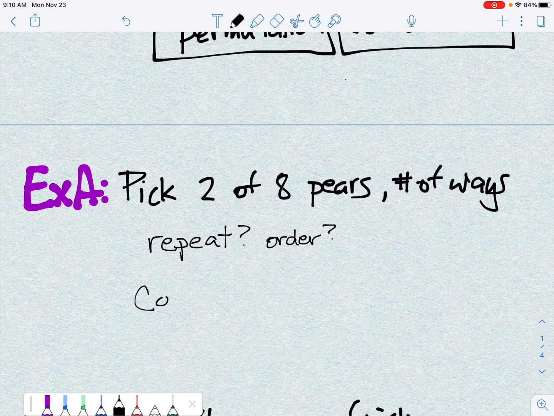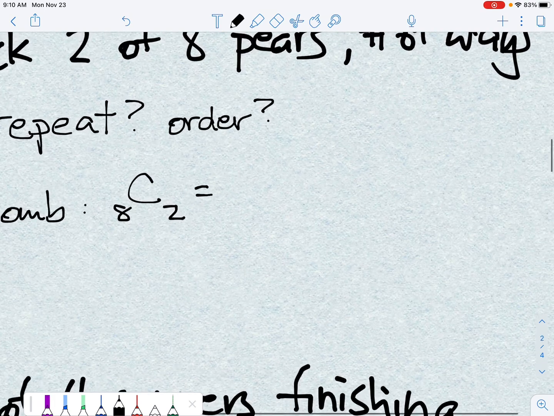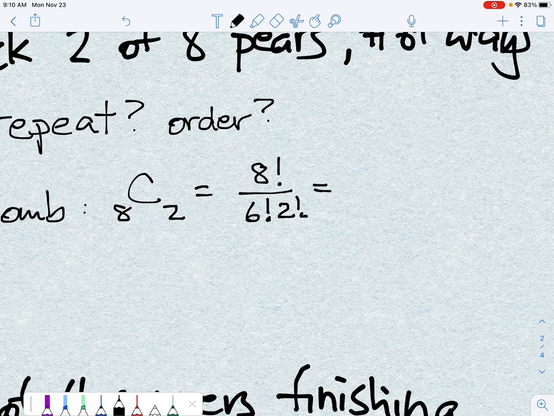And in this case, we are choosing from 8 things, we are choosing 2. Which again means 8 factorial. Now subtract the 8 minus the 2, and then divide by 2 factorial. So again, this means 8 times 7 times 6 times 5, all the way down to 1.